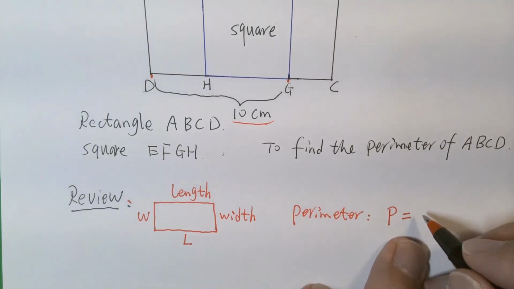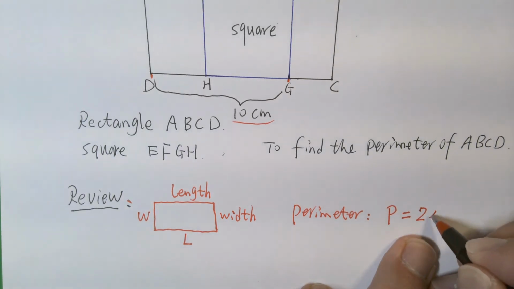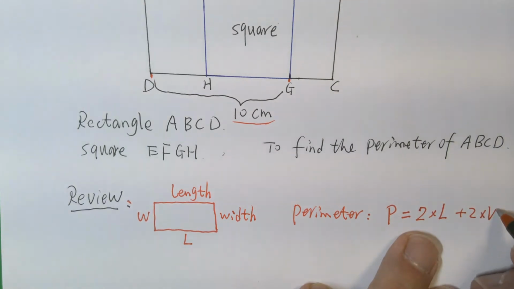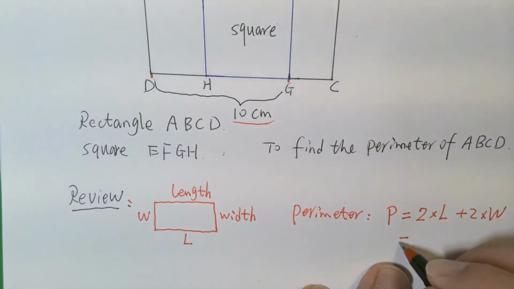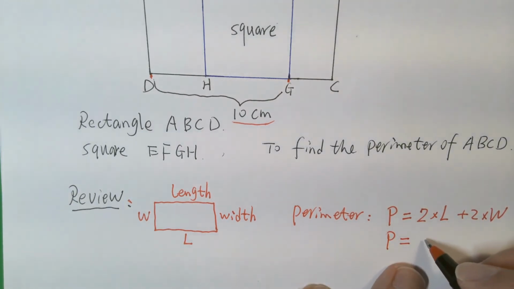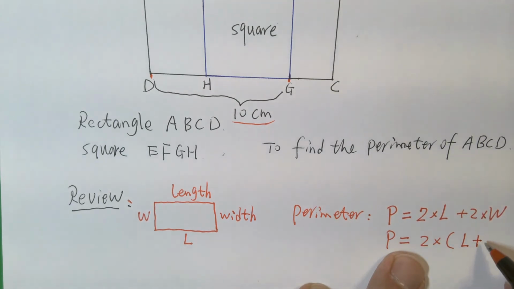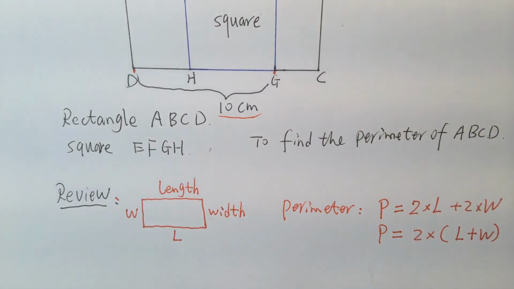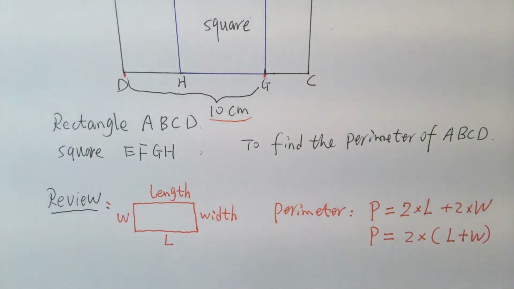So that equals 2 times L plus 2 times W. Or you can write P equals 2 times, in brackets, length plus width. So that's for the rectangle.